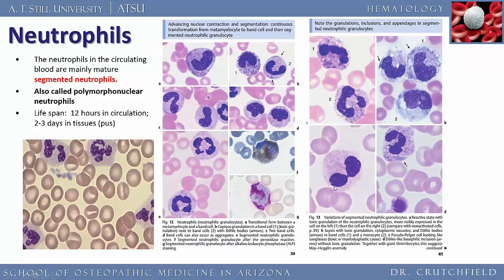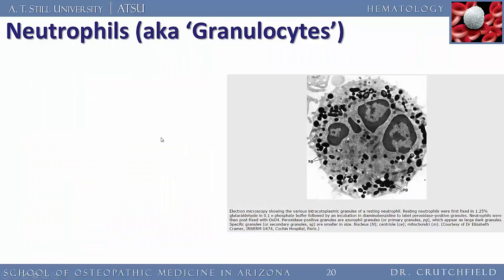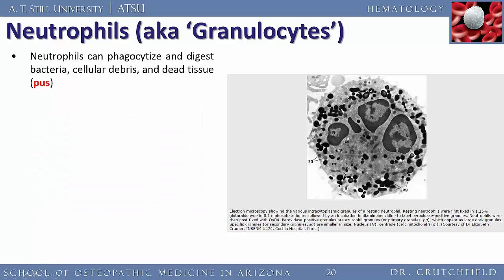These are some variations of the segmented neutrophils, but here again, bands and early segmentation, later segmentation, band. If we look at this under electron microscope, we can see that they have a lot of these little granules in them. Here are the nuclei, which are segmented. So this is a PMN.